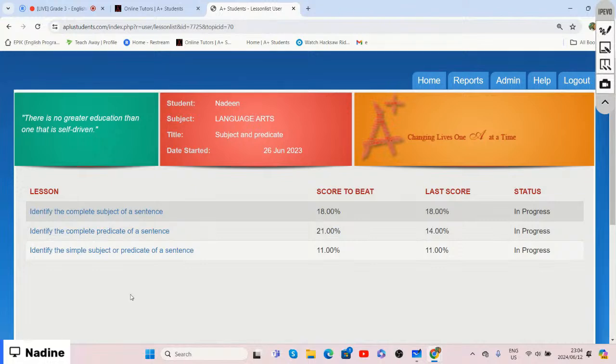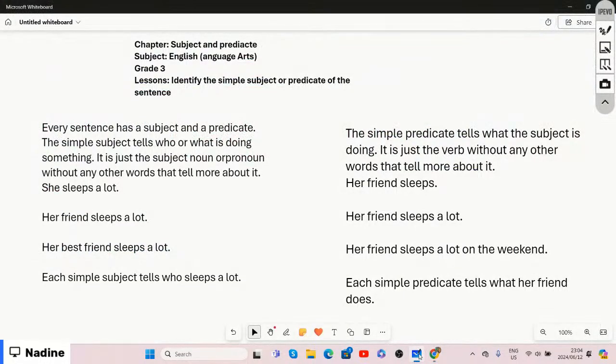All right, so we see that our chapter is subject and predicate. Our subject is English language arts, grade 3.